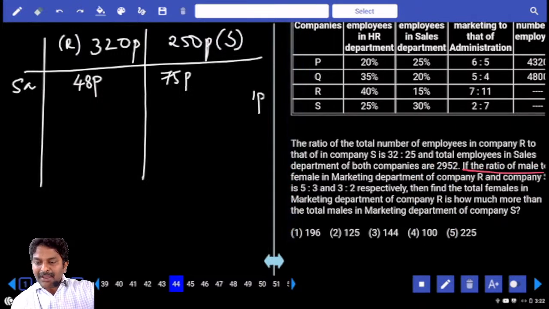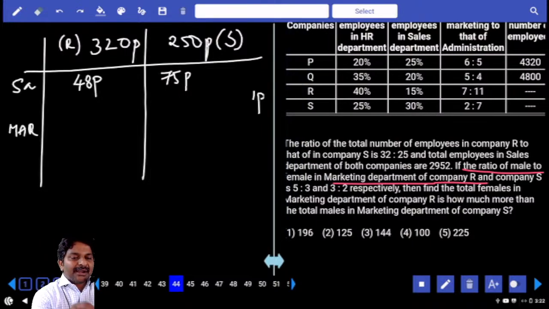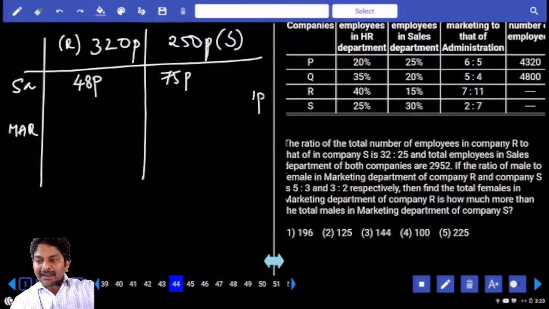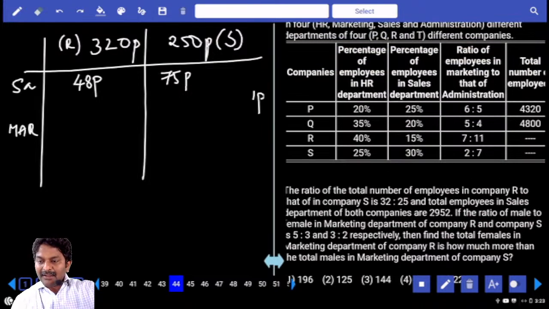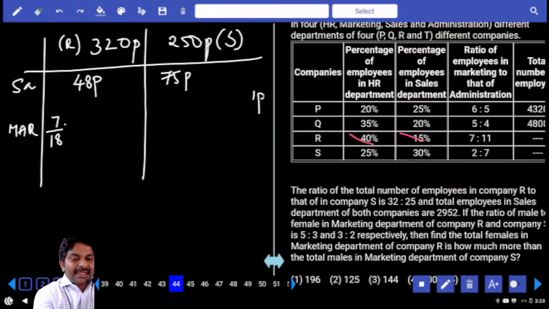The ratio of male to female in marketing department of company R and then company S. Now we need data regarding marketing. Company R, 55% is over, remaining is 45%. Marketing department employees are 7 parts among 18 parts out of 45%.